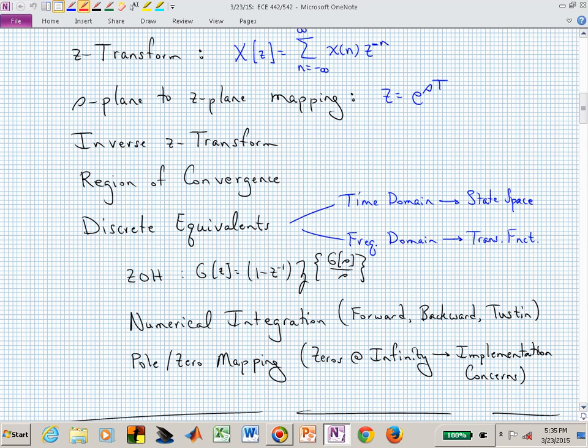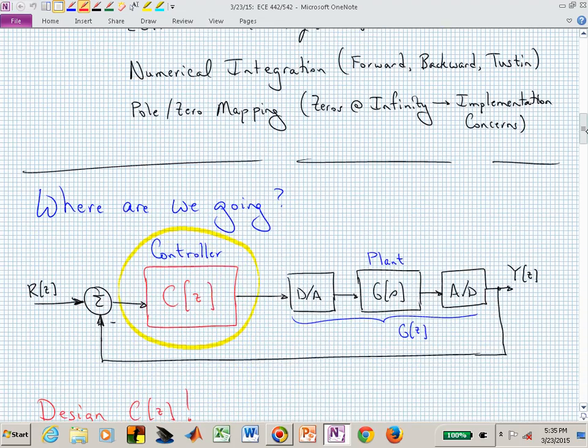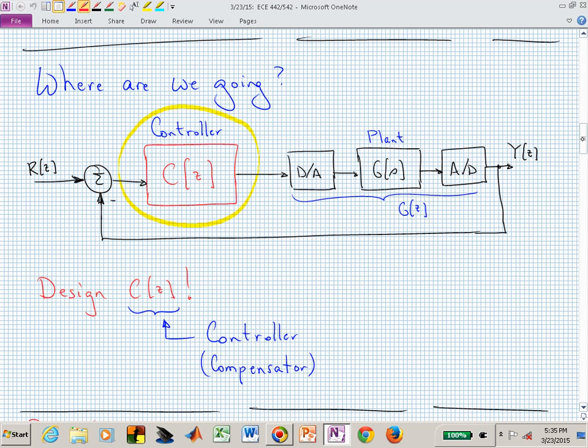And some of our pole zero mapping, we talked about mapping all of those to this z+1 factor. MATLAB does all of those minus 1. It doesn't map one of those, and so it preserves one sample period of delay when it does the pole zero mapping. That's where we've been very quickly.